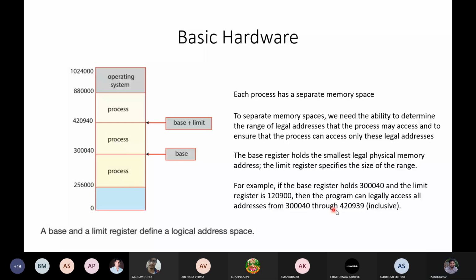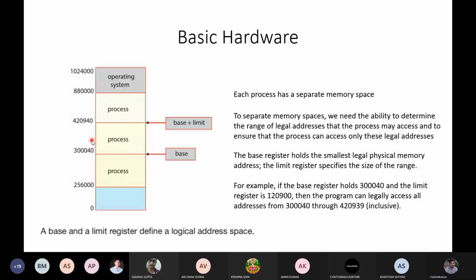So all memory locations for this process will be from 3,40,000 to 4,20,940 only.